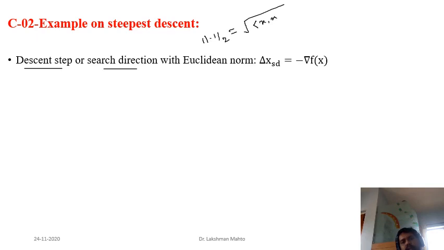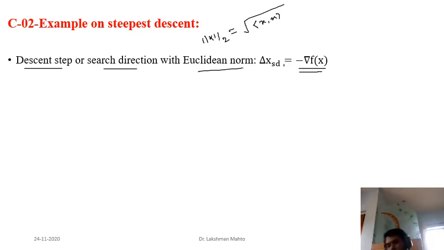So this we call the Euclidean norm or 2 norm of any vector x. If you take a steepest descent step with respect to the Euclidean norm, then your steepest descent direction is just the negative of the gradient, as you observe here.